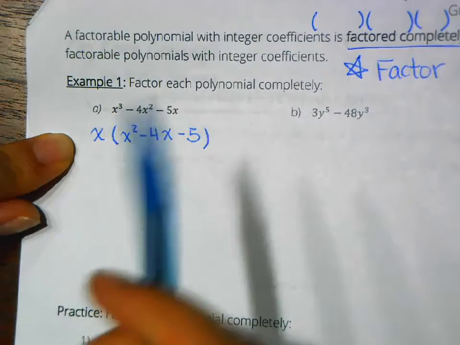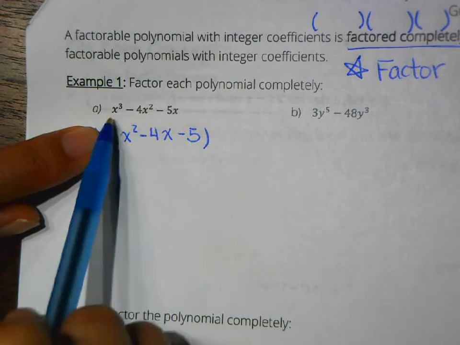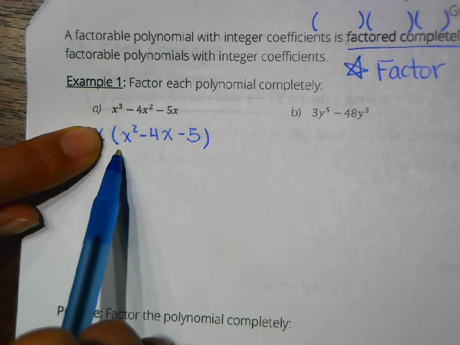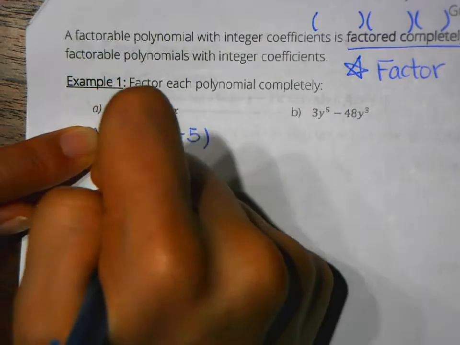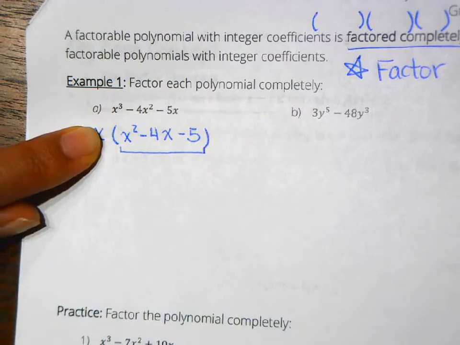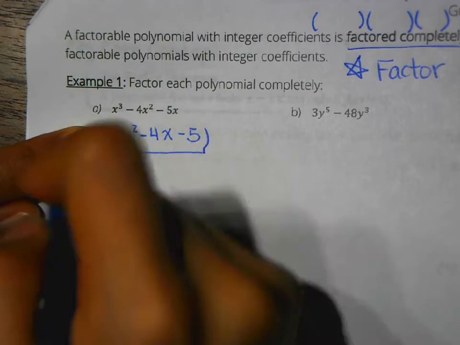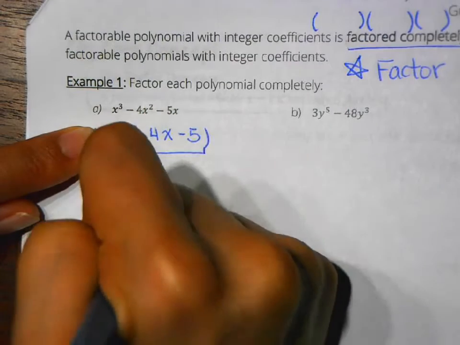And when I do that, I'm left with a trinomial. In fact, this is a quadratic. And then I'm going to try to factor this quadratic trinomial right there. Because there are 3 terms, I'm going to try using my X box.